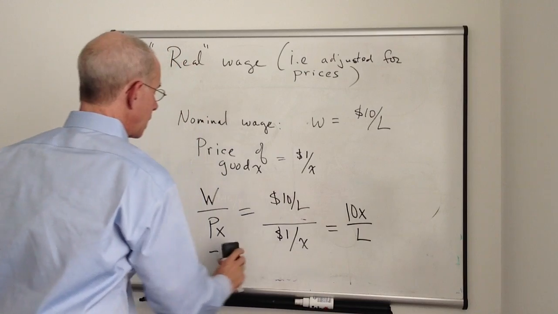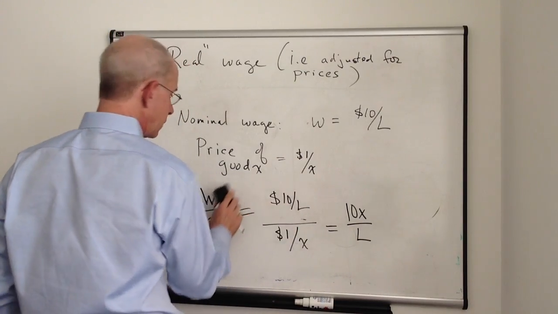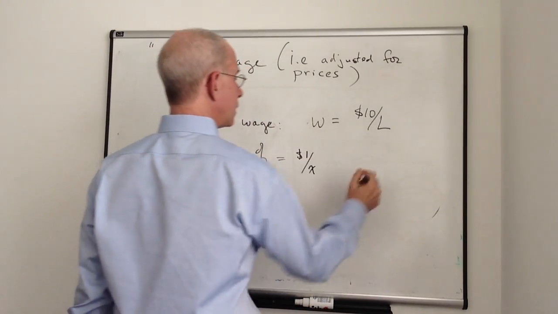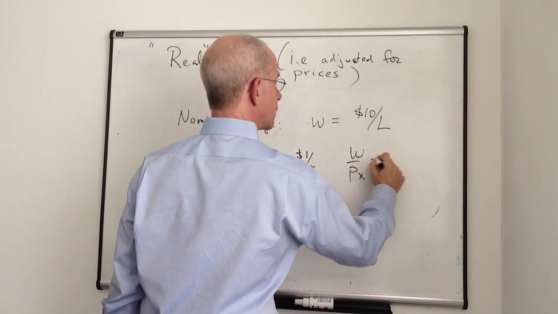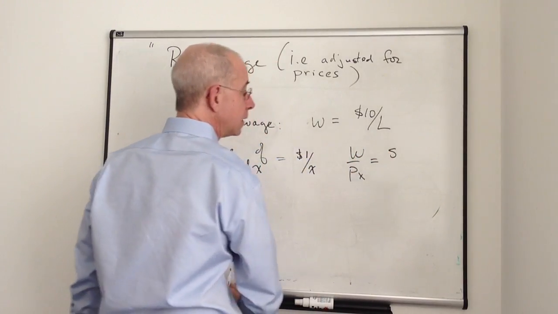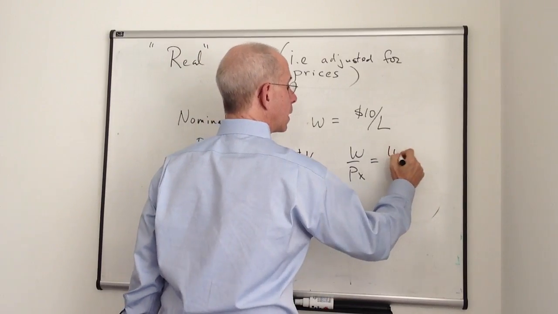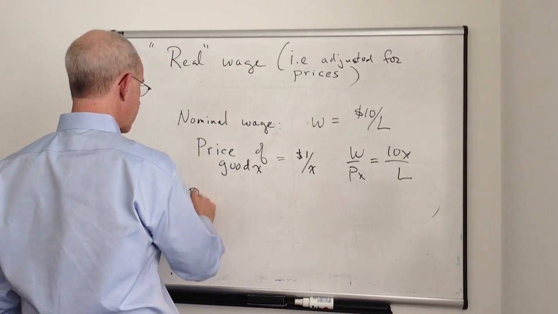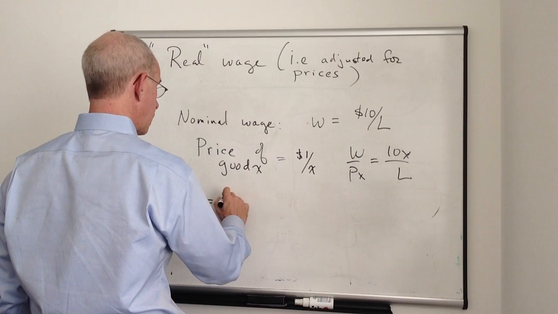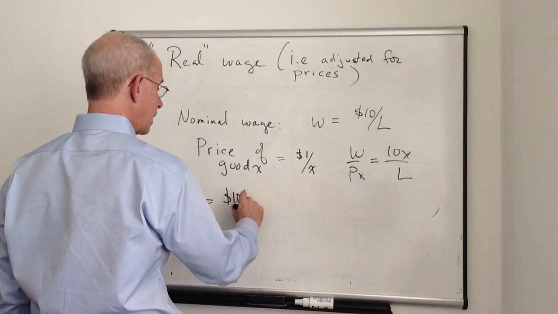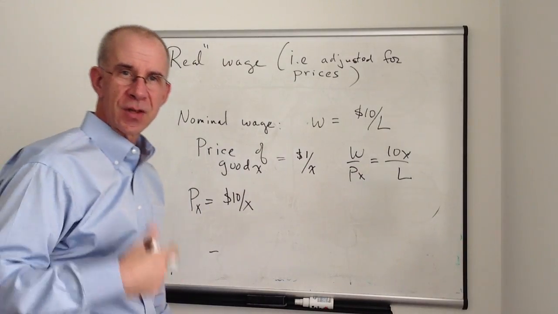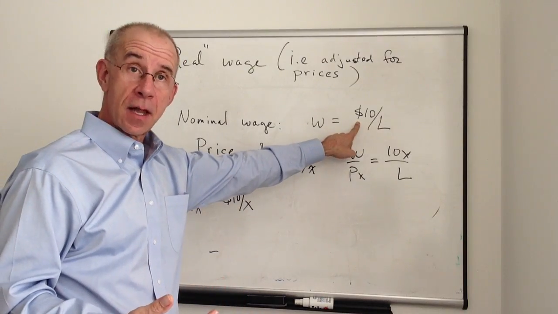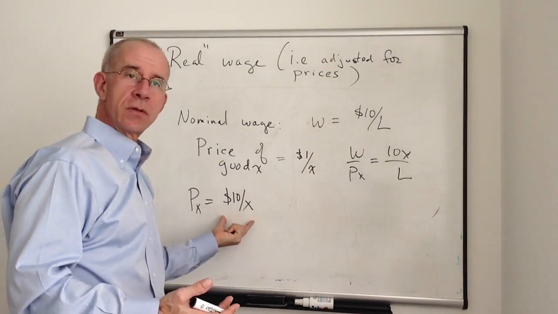Okay? So let's take a look at what this relative price, or relative wage, would be. We started out with 10 units of X per worker. Imagine that the price goes up to $10 per X. So the nominal price of labor hasn't changed. It's still $10 per worker, but the price of the good has gone up.